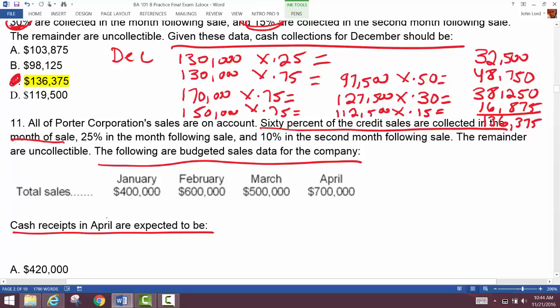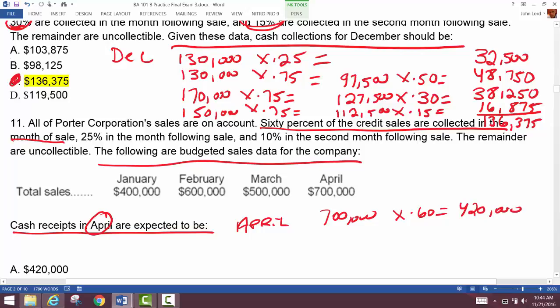And so since they're asking me April, that means I should be able to take the April sales of 700,000. How much should I collect of that in April? 0.60, so I should be getting 420,000 in April.